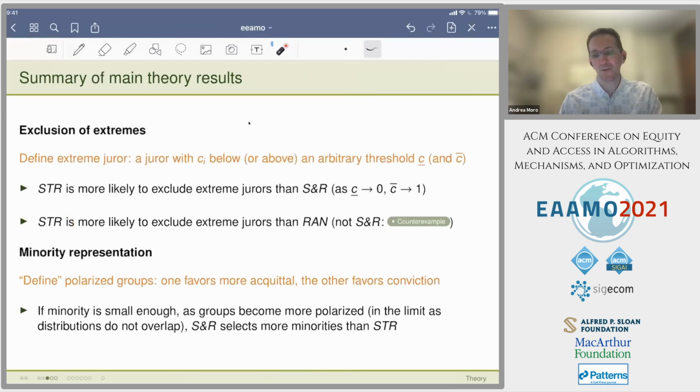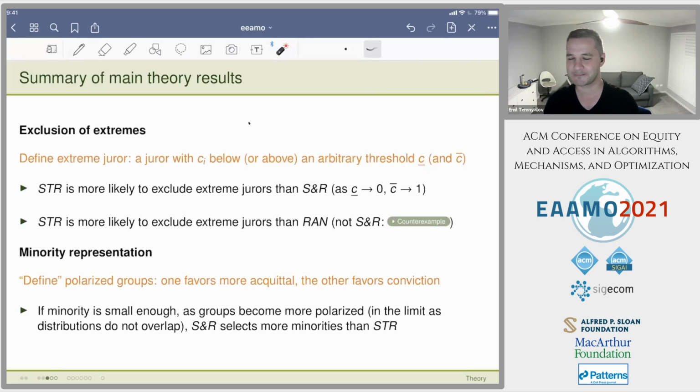But we found a counterexample for strike and replace. It's a rather extreme example, though, so we think it's quite unlikely. It requires the distributions to have discontinuous support. Anyway, you can check the paper for the details. Thank you for the discussion.